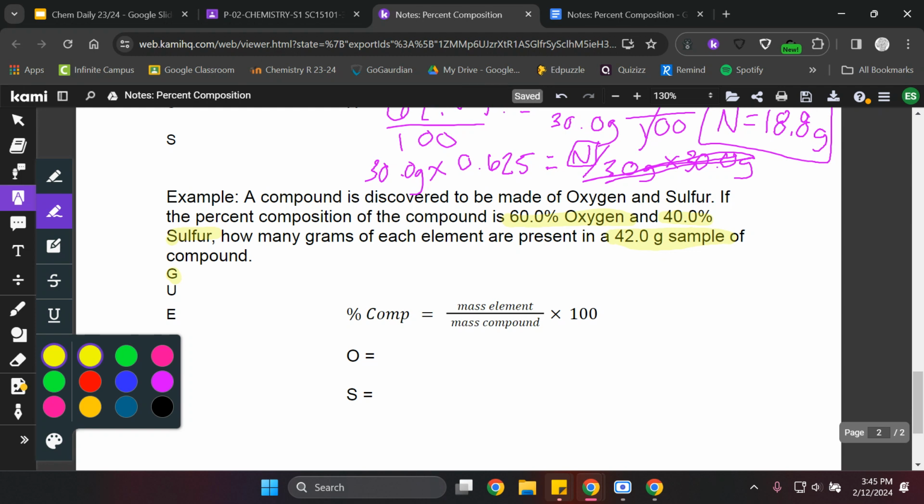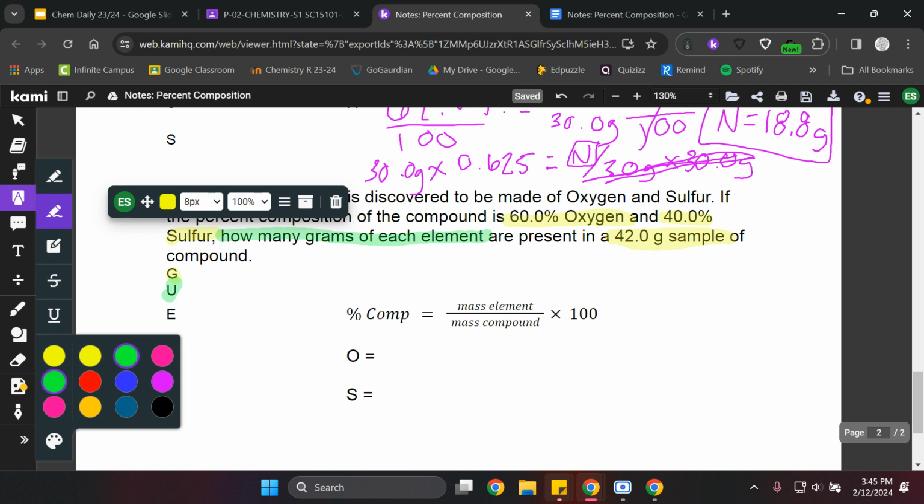All those numbers that are given to us, I'm also highlighting what they are, whether they're percent, grams, and what of that they are. 60% oxygen, that's my percentage of oxygen. 42-gram sample, that's the whole thing. That's oxygen and sulfur together. Our unknown, what we're looking for: how many grams of each element. So we're figuring out how many grams of each element are in this total compound.